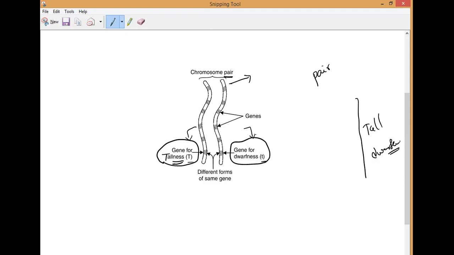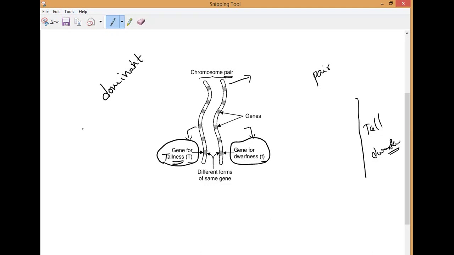Yes or no? So the progeny inherits two genes, a pair of genes for each trait, from its parents, but the trait shown by the progeny depends on the inherited dominant gene. Do you understand? That is what I am trying to say.